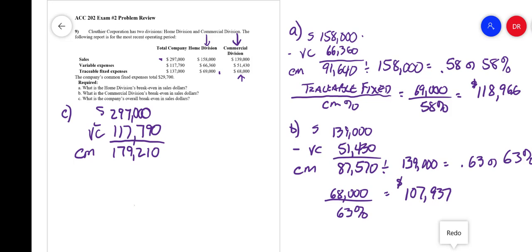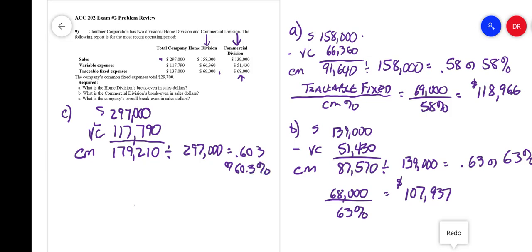We're going to divide that contribution margin by the sales of 297 and get a contribution margin ratio of 0.603 or 60.3%.